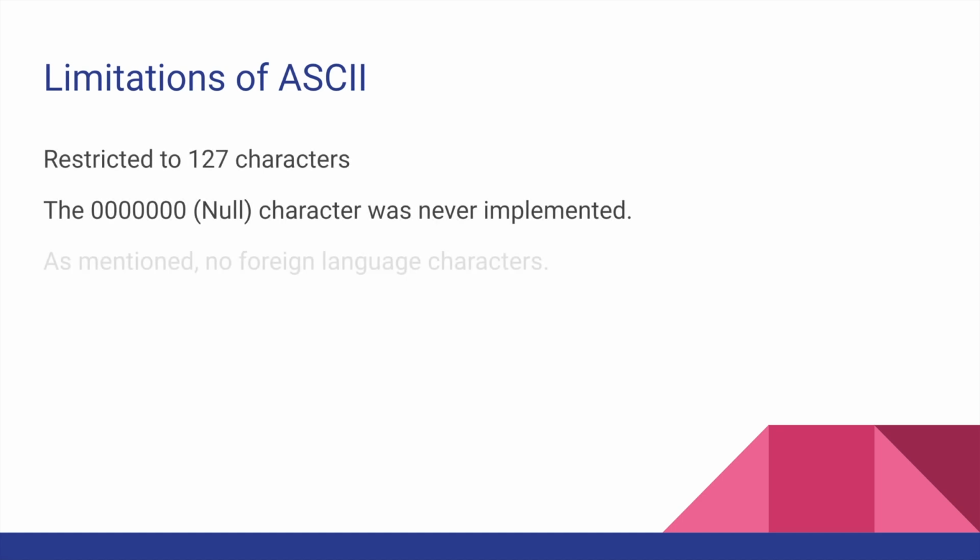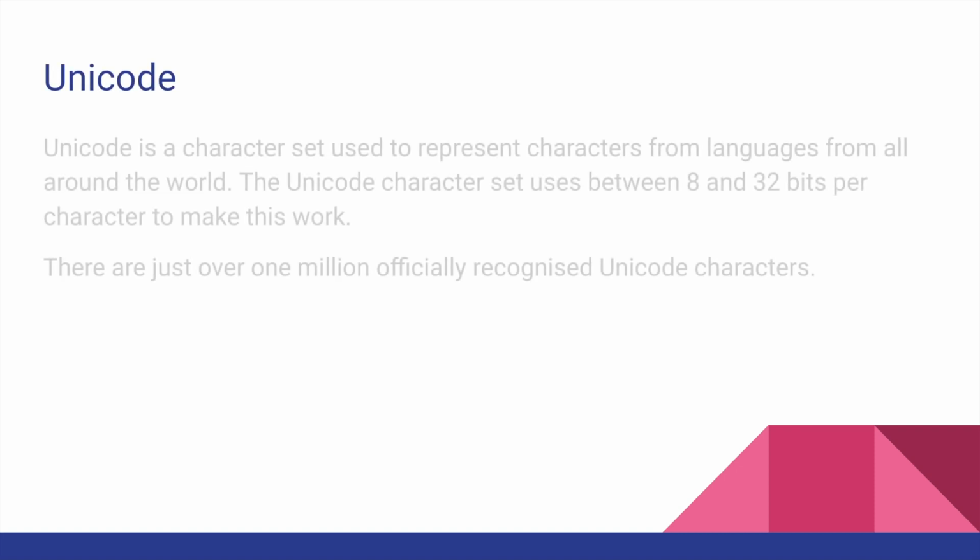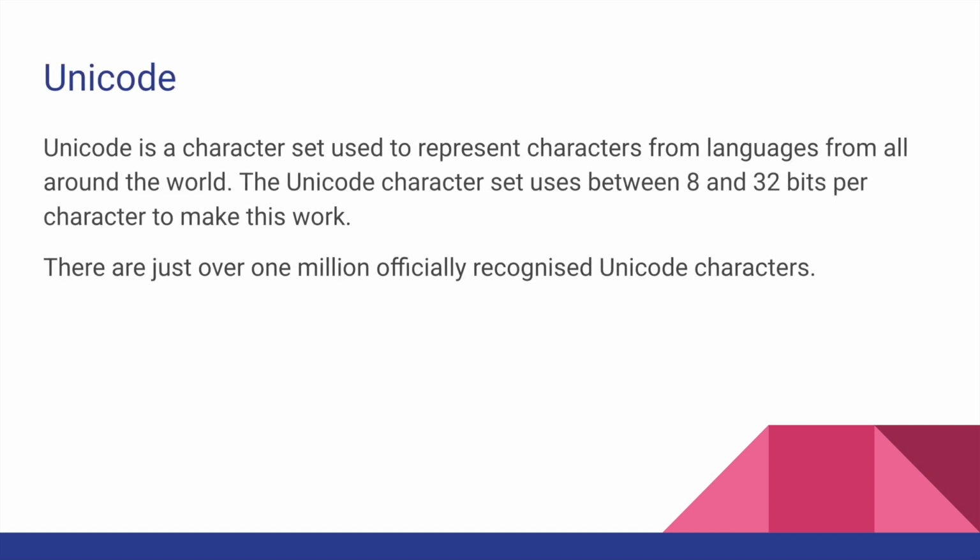Now here are the limitations of ASCII, and they're pretty big. 127 characters. The 128th character, 7 zeros, sorry, was never actually implemented. It doesn't deal with foreign characters at all, and so therefore ASCII has for the most part been superseded by this thing called Unicode. Unicode is a character set used to represent characters from all languages all around the world.